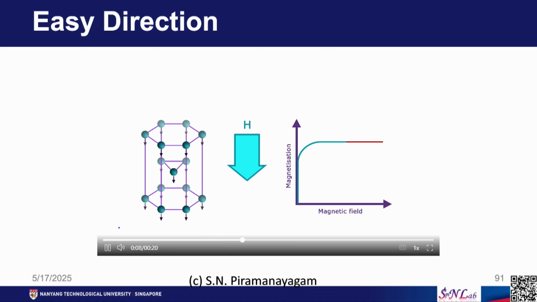Once that value exceeds a certain field, you can see that all the magnetic moments flip, but once I remove the magnetic field, the magnetic moment is still retained in the same direction. Because there are two easy directions, either magnetization pointing in this direction or the other direction, both are easy directions.